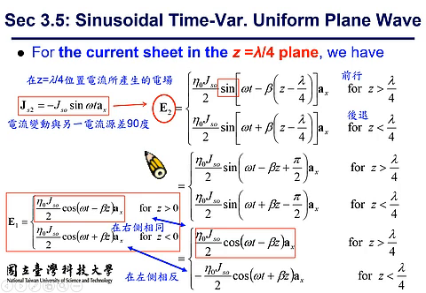We see that it also has two components, one propagating toward the positive z direction, the other toward the minus z direction. The positive z direction part is eta sub 0 J_S0 over 2 times sine omega t minus beta z for z greater than lambda over 4.